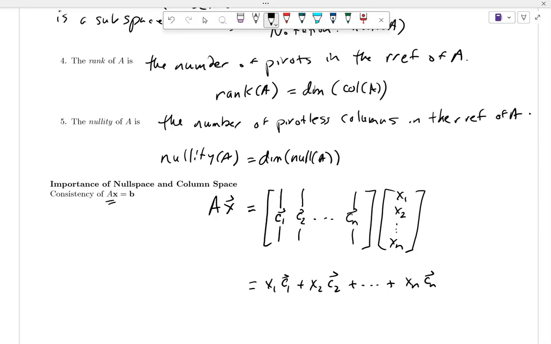If I take a constant times the first vector plus a constant times the second vector and so on down the line, what do I call this type of thing? A linear combination. The set of all linear combinations of a set of vectors is called the span of the vectors. So this is a linear combination of the column vectors, or it's in the span of the columns. That means it's in the column space, right?